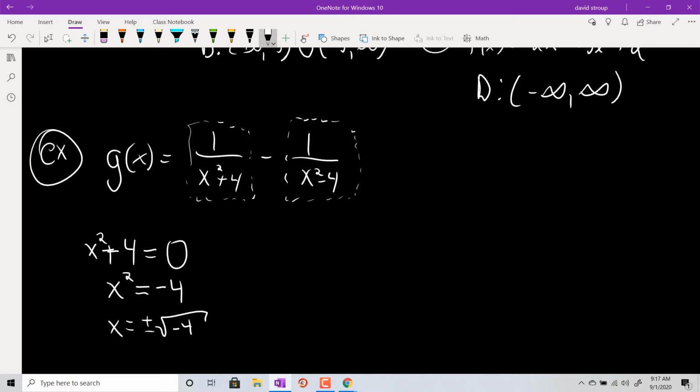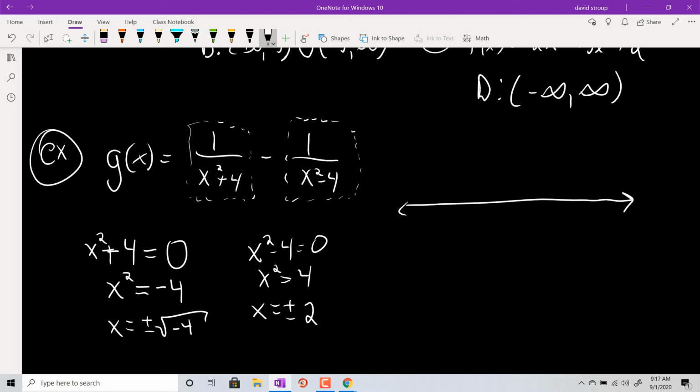Okay, how about the other denominator? In this case, we put the 4 on the other side. The square root property says then it's plus or minus root 4, which is the same as 2. So we have two restrictions.